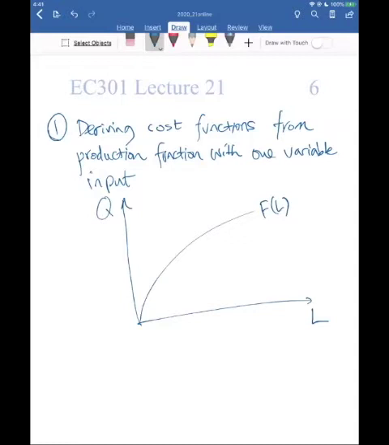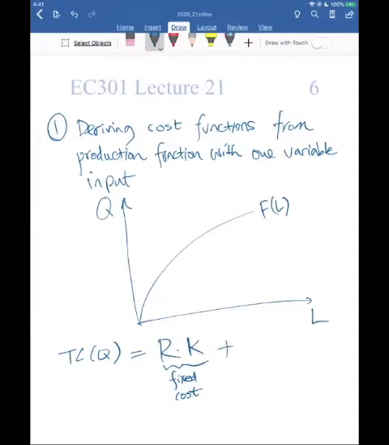So the total cost of producing Q units will be, first of all, we still have a fixed cost that we have to deal with. This is a cost that's independent of the number of units of output that's going to be produced. This is the cost that's paid to get a certain unit of capital input.